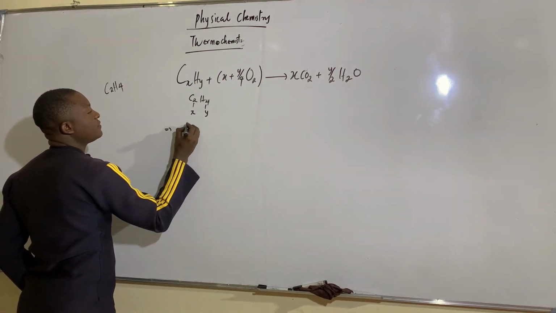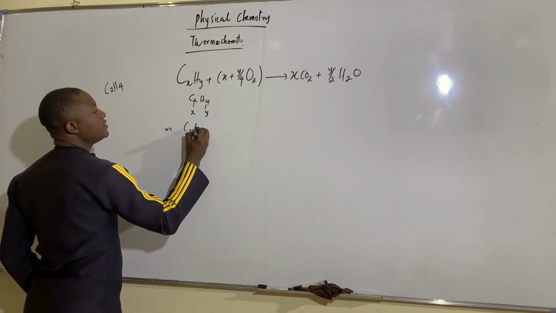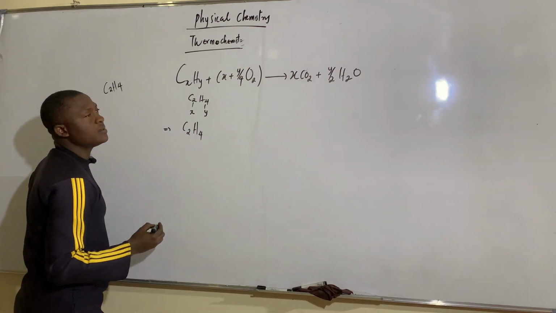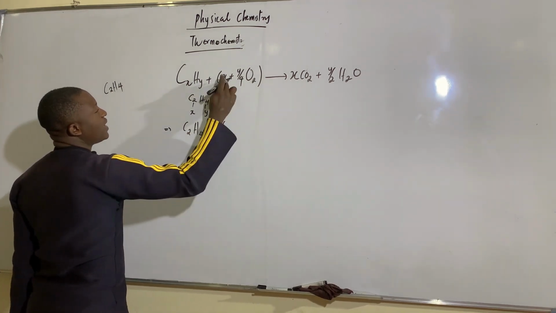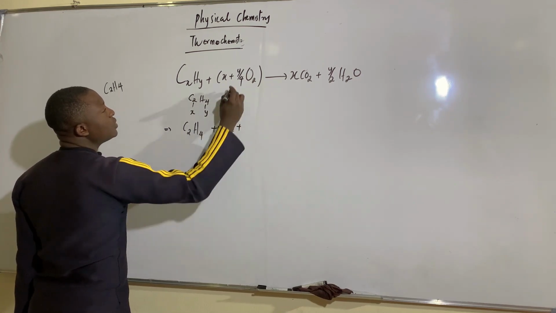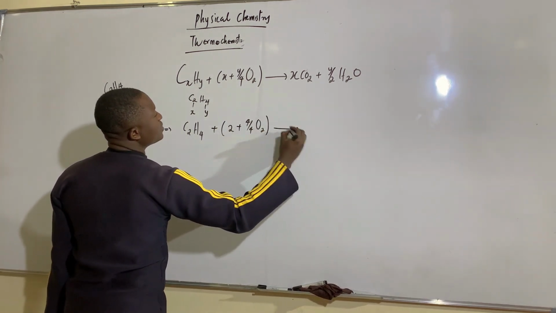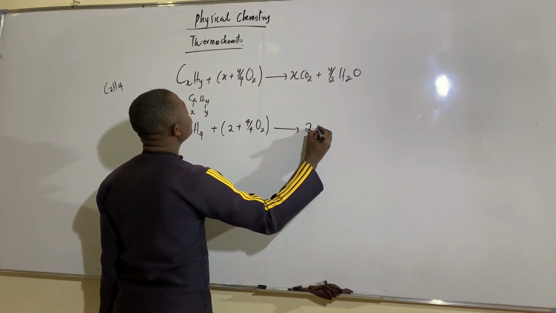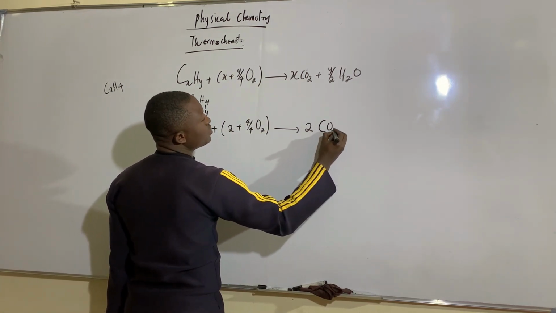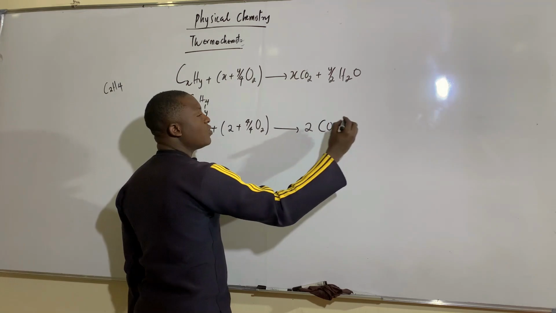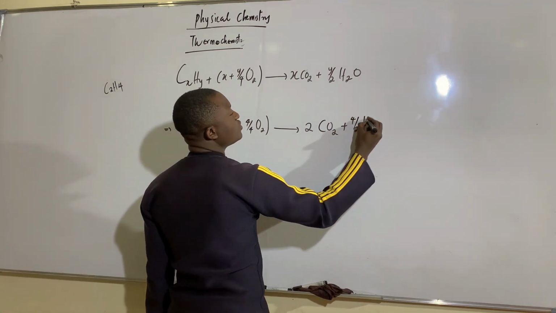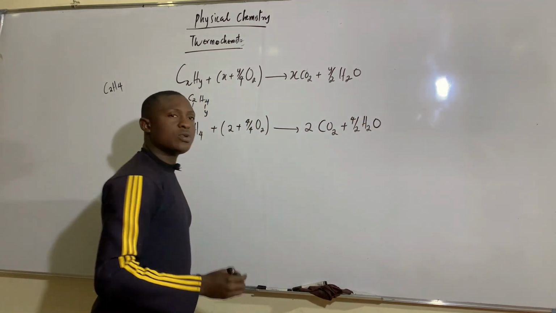So we have C2H4, I'm just substituting the values, plus (x is 2 again, y is 4, so 4 over 4) oxygen gas, to give x, which is 2, CO2, and y is 4, so 4 over 2 H2O. Can you see that?